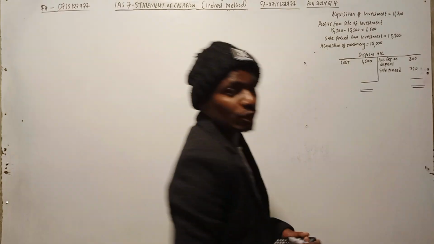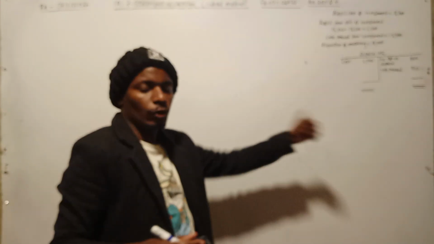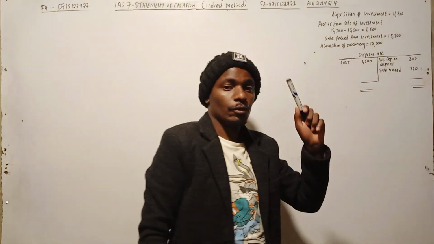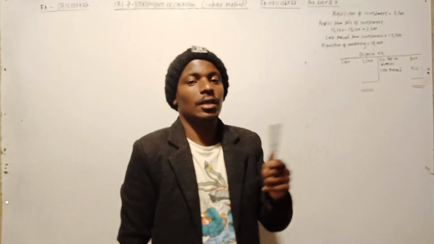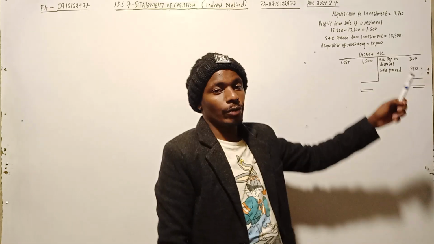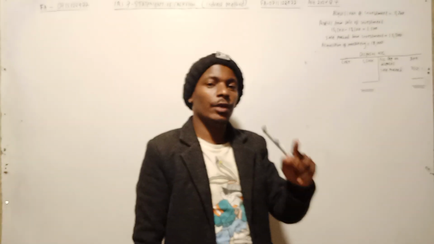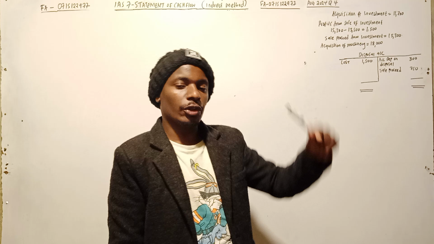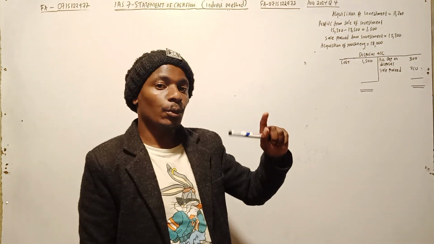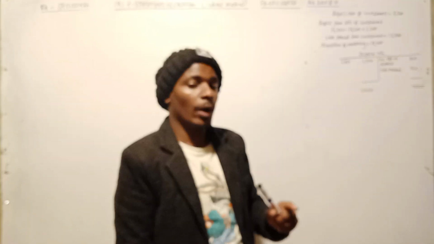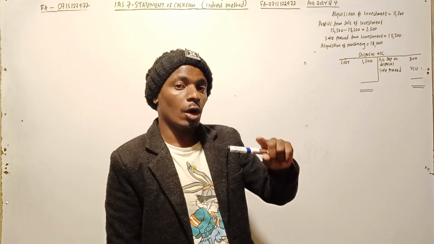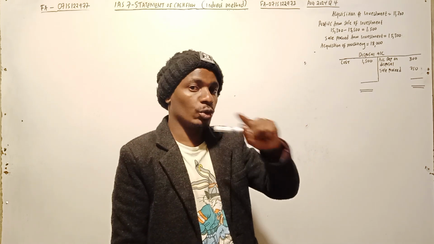Remember the previous question tulifanya ya December 2024. We were not given the sales proceed when we were preparing the disposal account. When preparing the disposal account, either we determine the sales proceed or we determine the gain or loss on disposal. In the previous question we were supposed to determine the sales proceed because we were provided with the profit or loss on that asset.